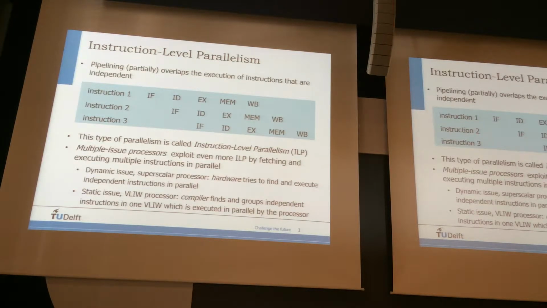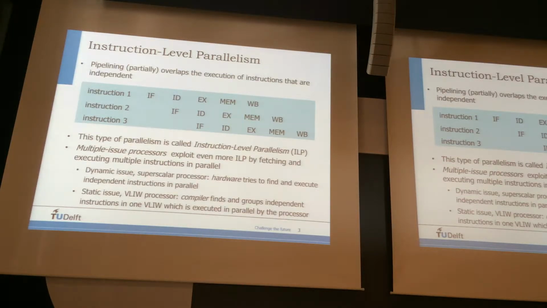If I have enough instructions, instead of issuing one instruction at a time, I can issue more instructions at a time. Those are what we call multiple issue processors, where I have even larger parallelism.